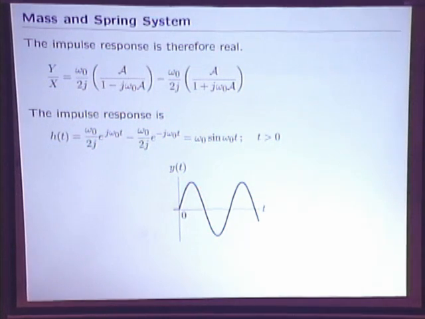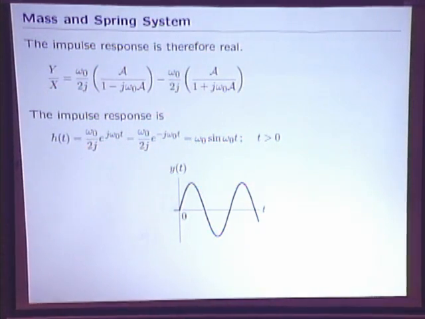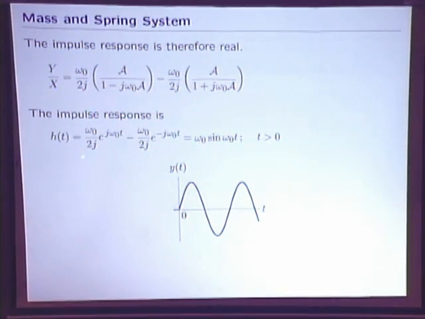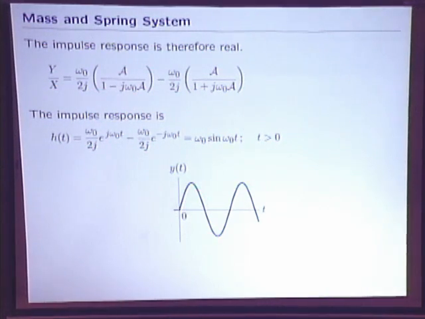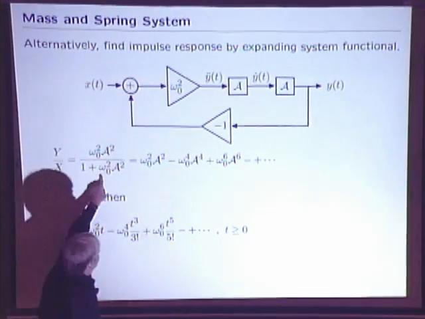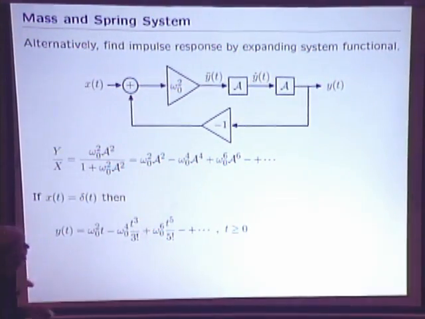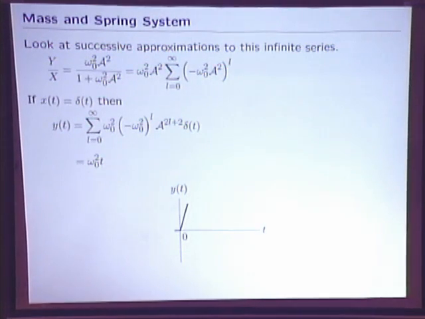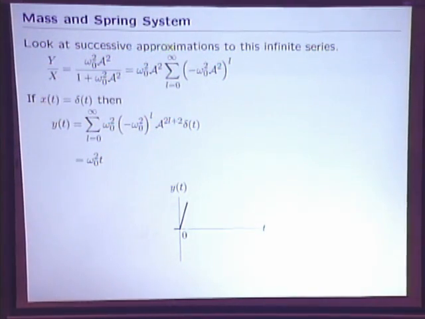And if you just think about what that sum is by thinking about how complex numbers work, you get an expression that looks like omega naught sine omega naught t. It's kind of a little more fun to think about how that evolves as a series. If we do a Taylor series for this, we can represent it that way. And the series then, the first term is t.